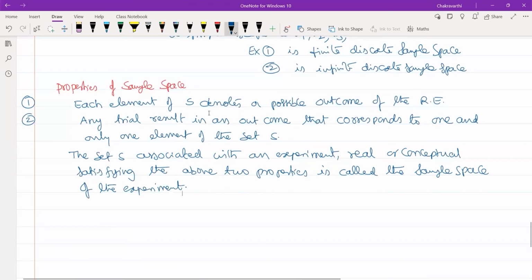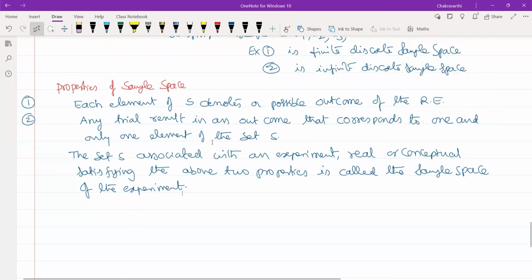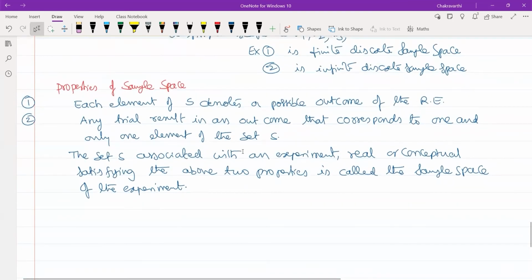In the subsequent chapters on random variables, mathematical expectations and distributions, identifying the sample space in some situations is very typical. By learning all these properties, we can easily identify the sample space.